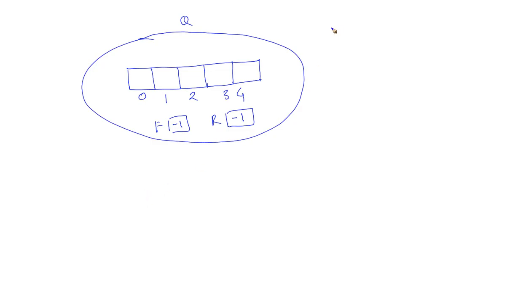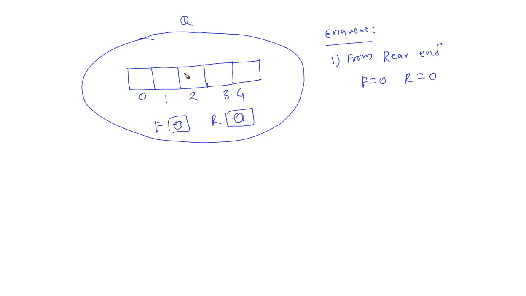Now the NQ operation. When we perform NQ for the first time, we perform it from the rear end, like normal. So when we perform the NQ operation for the first time, we set F to 0, R to 0, and insert an element there.